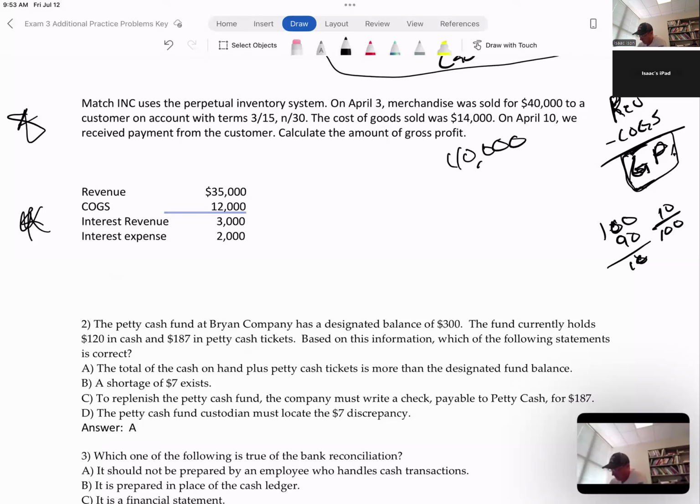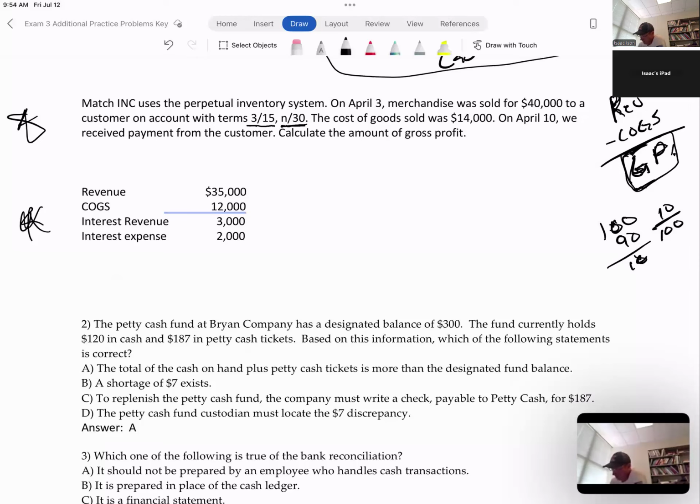Okay, we sell it for 40,000, but they're not actually going to pay us 40,000, because if they pay us early, then they get these discounts. So you get a 3% discount if you pay within 15 days. If you don't pay within 15 days, the customer has to pay within 30 days, and they have to pay the full amount.